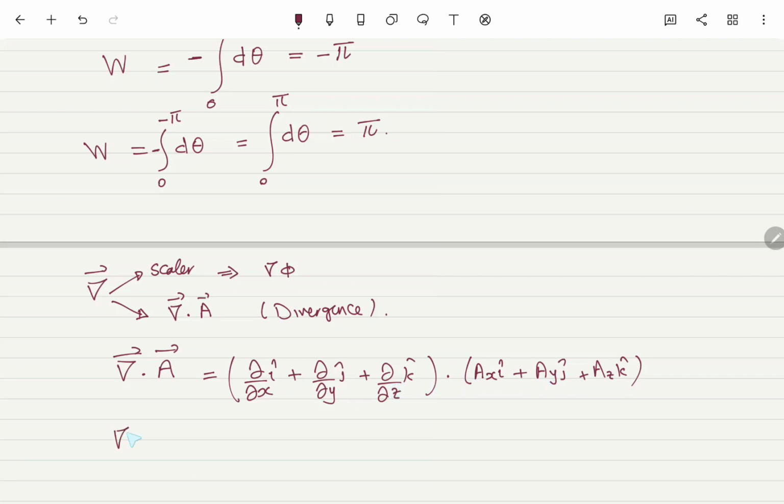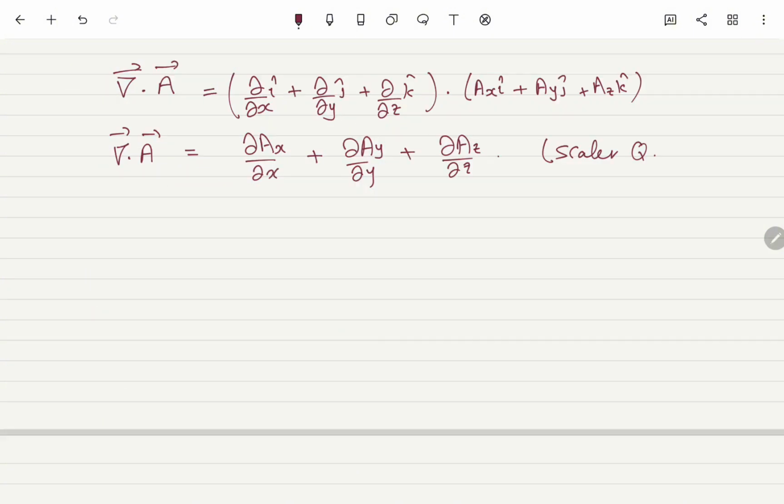Therefore, divergence A is equal to ∂Ax/∂x + ∂Ay/∂y + ∂Az/∂z, and this is a scalar quantity.